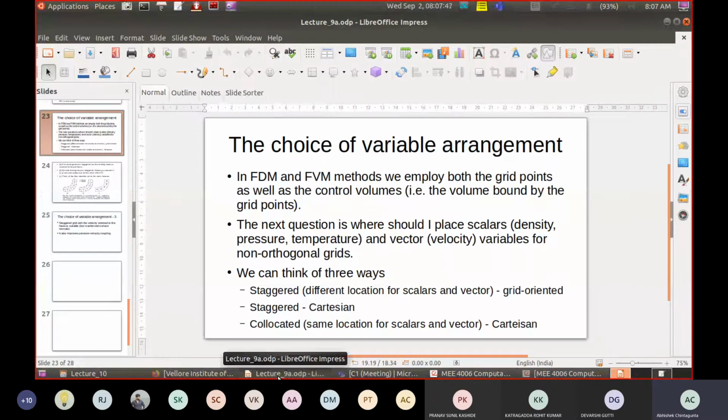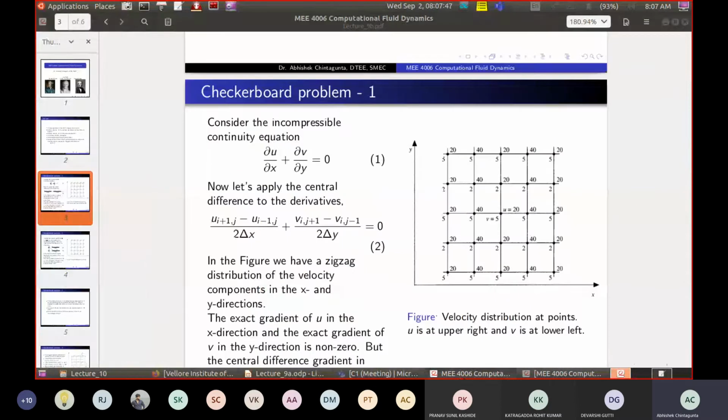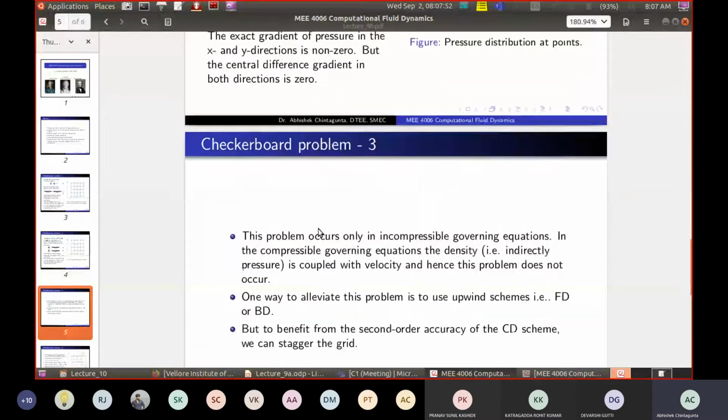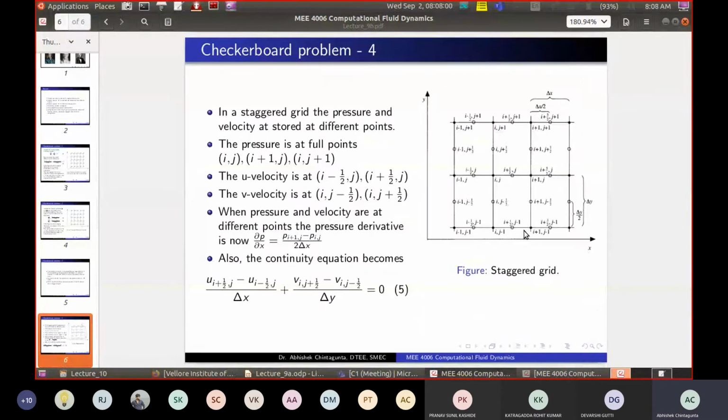So for incompressible flows, definitely we are always going to end up using this staggered grid configuration. So in your Fluent, if you have selected pressure based solvers, that is incompressible flow solvers, that CFD solver is different from your density based solver. Firstly, this incompressible fluid solver, the pressure based solver, will be written on a staggered grid.